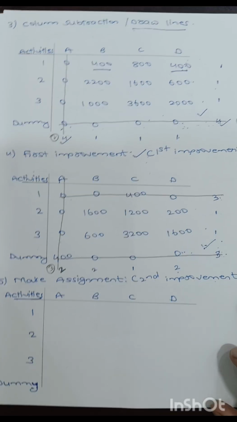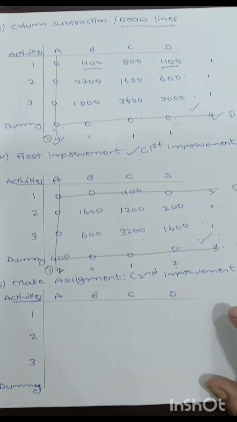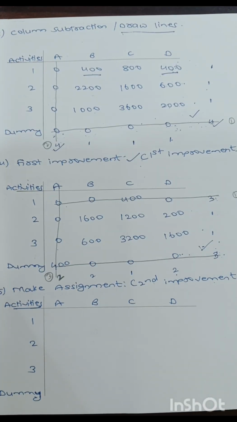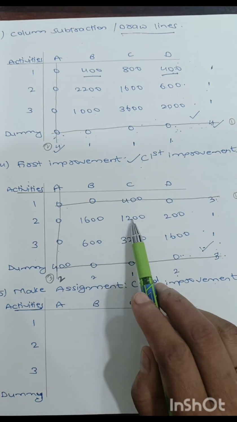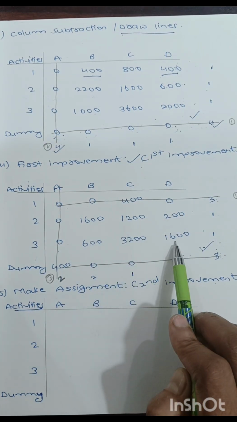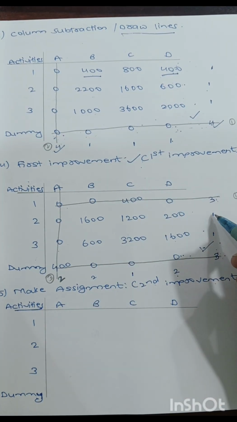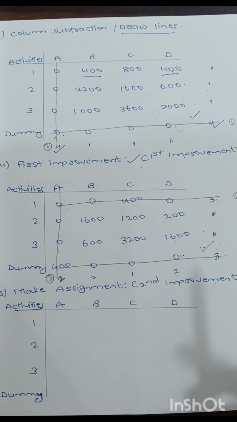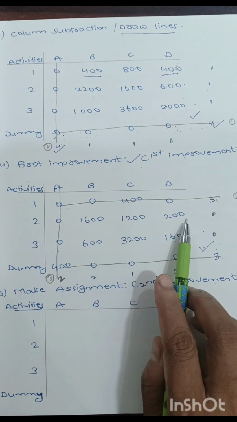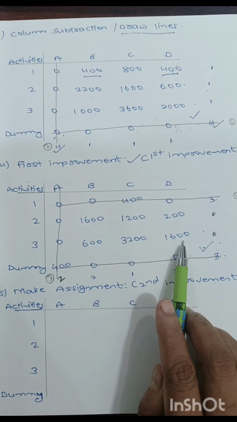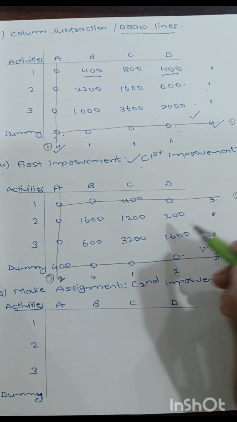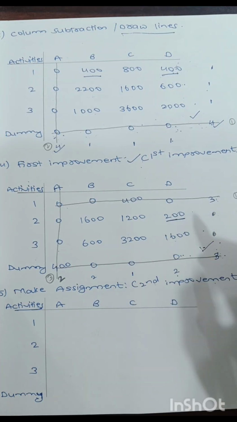Now how to do the second improvement? The same process that we have followed just now. The elements which are not on a line are called uncovered elements. How many elements are there? There are 6 elements which are not on a line. The lowest element is 200.